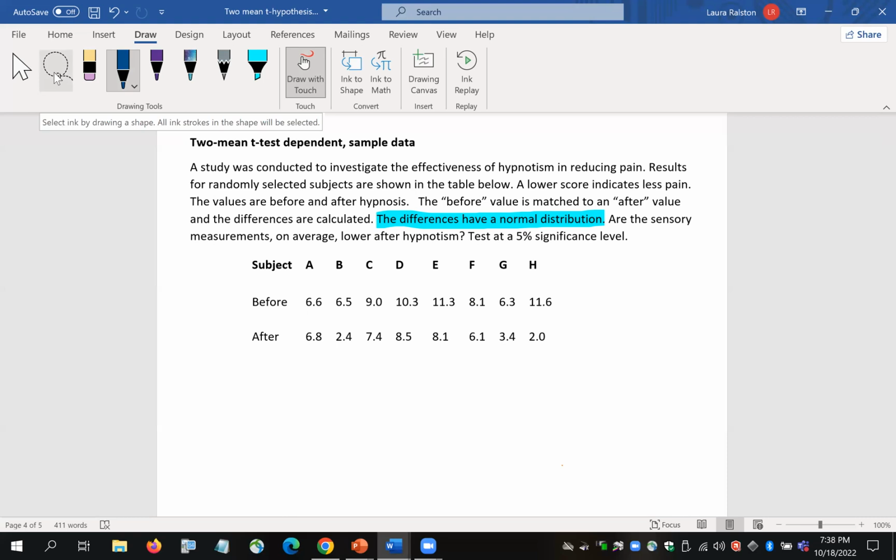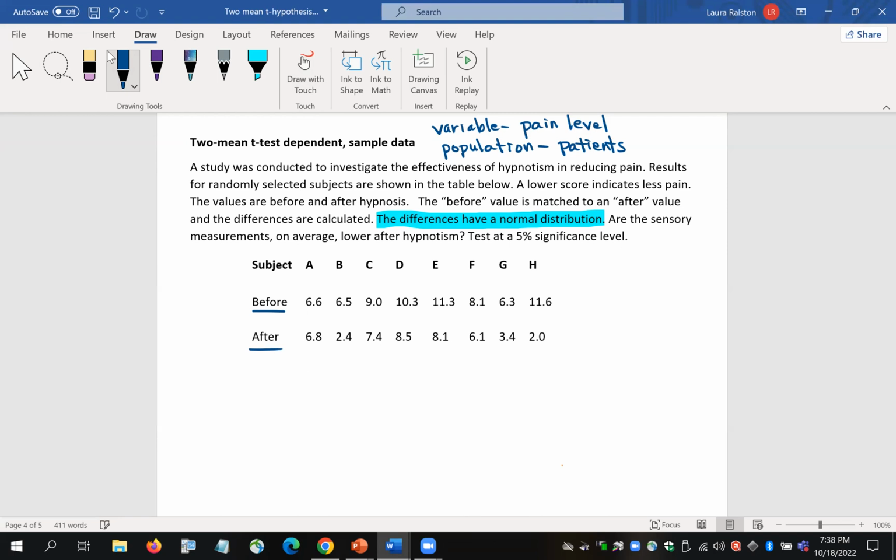If you think about this, you have the list of subjects. Your variable is the pain level, and your population is the patients, and we're looking at them at two different times, before and after.